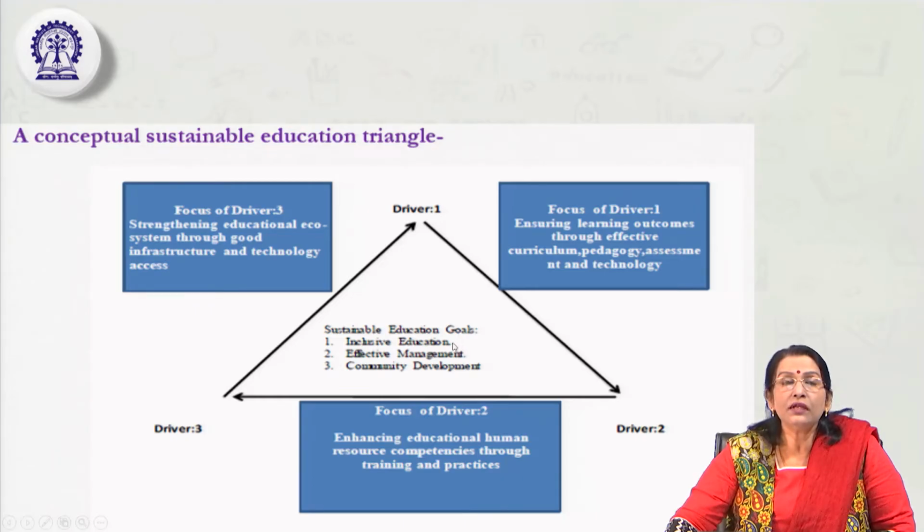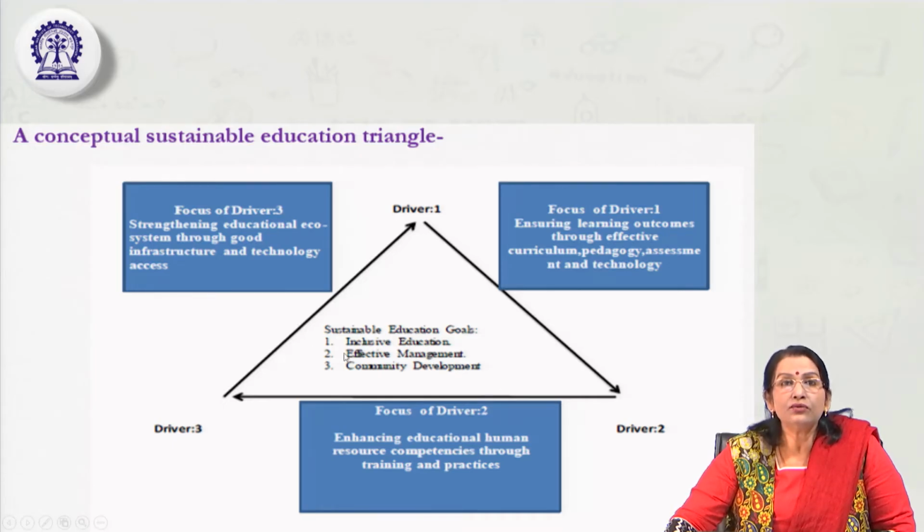Inclusive education with the achievement of these 3, with effective performance, curriculum transaction, assessment, technology, all these things. Second is effective management. When it is related to the education ecosystem, policy and human resource, the output, that is the product, should be the effective management of our education system. Then third is community development, as education is a public service.